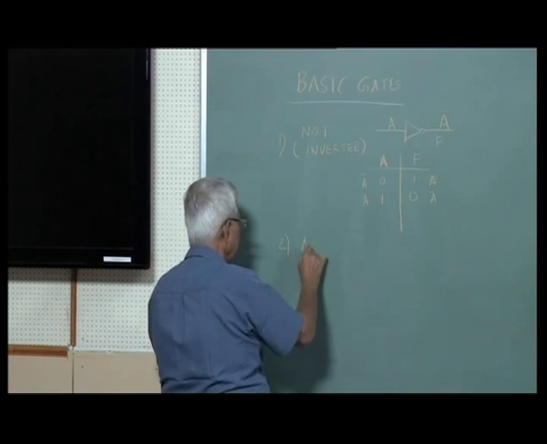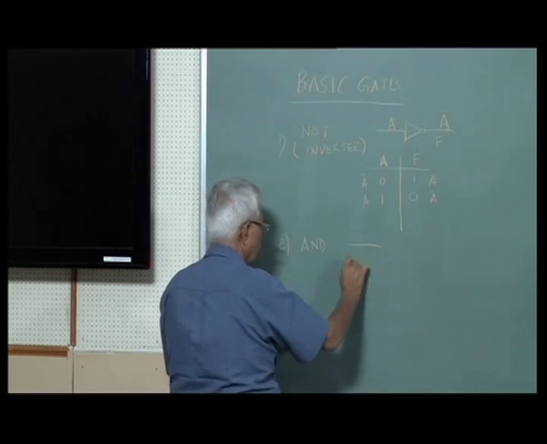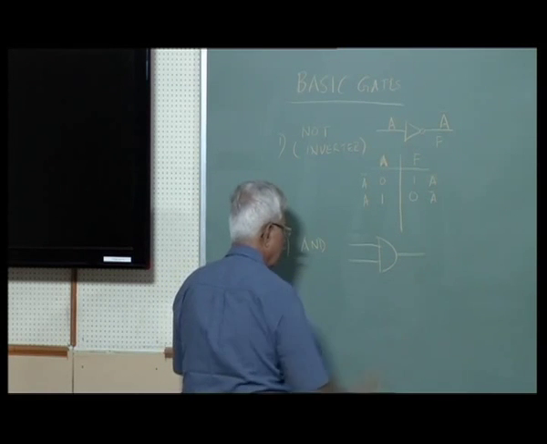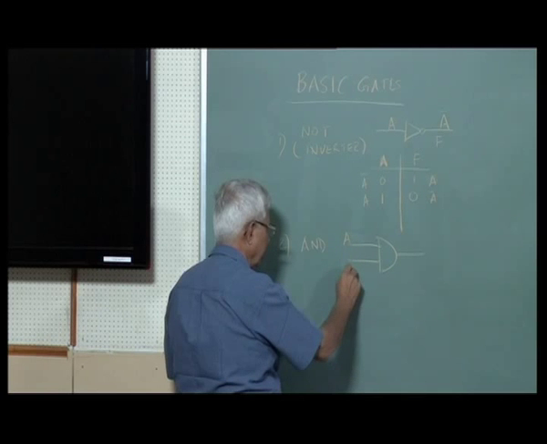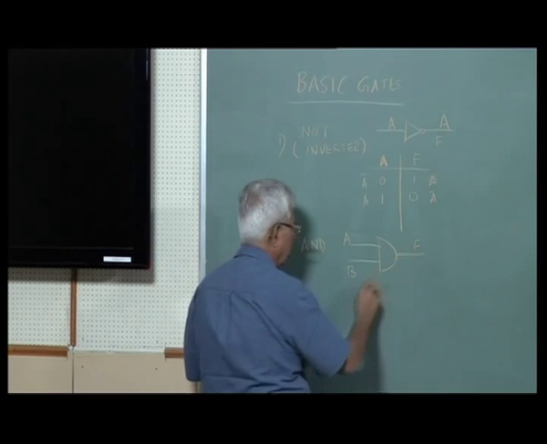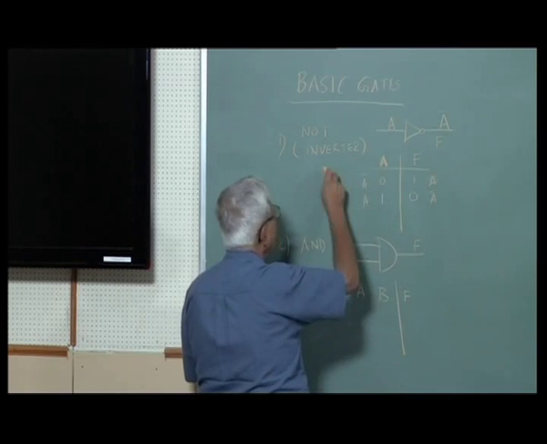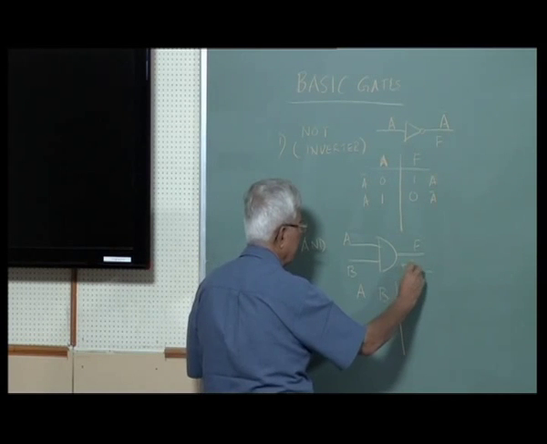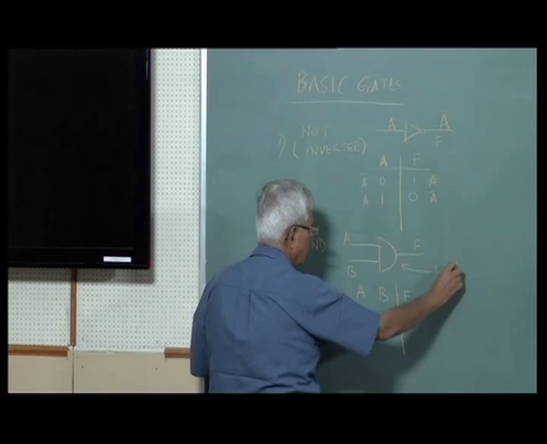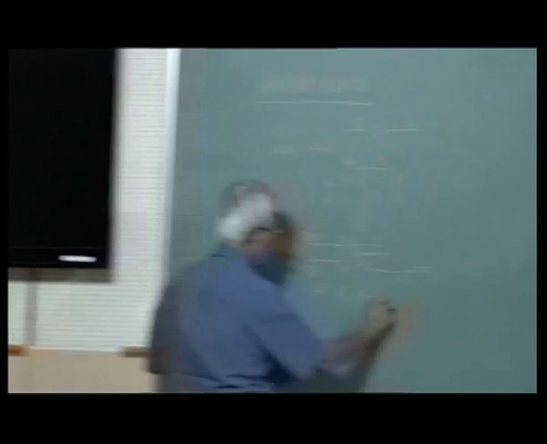2. AND gate. 2 inputs, 1 output, A and B as inputs, F as output. This is called the truth table. This is called the symbol of the gate. This is called the truth table of the gate.